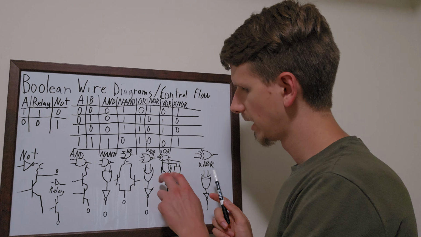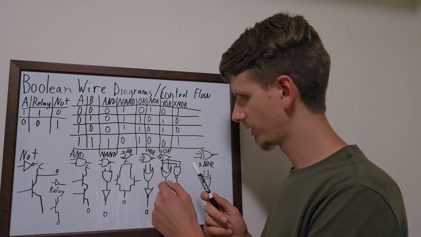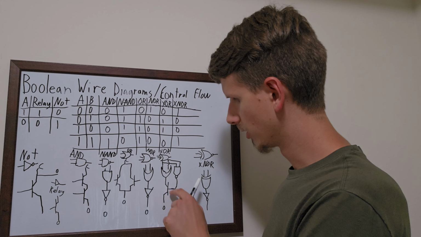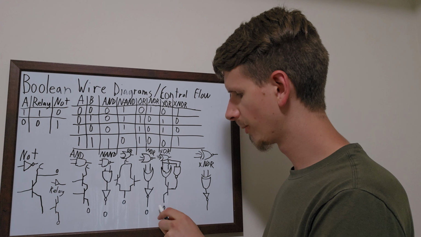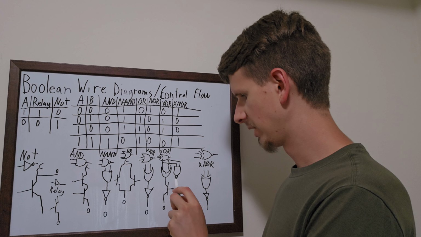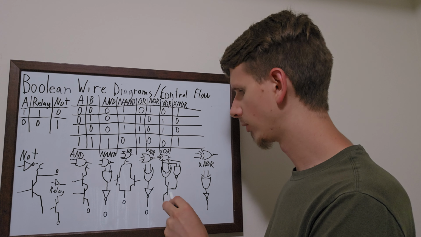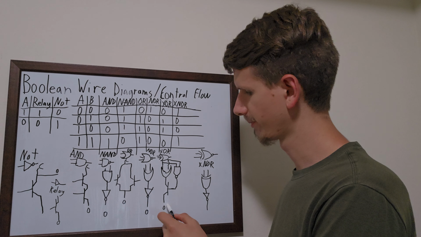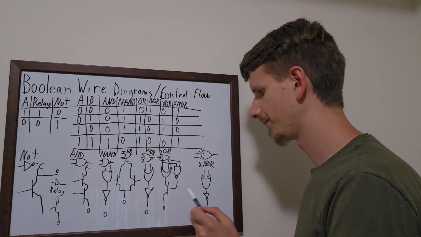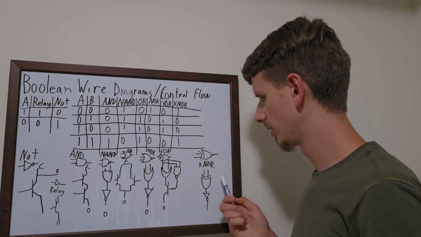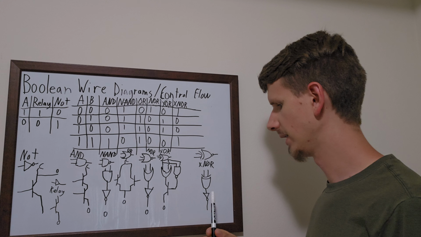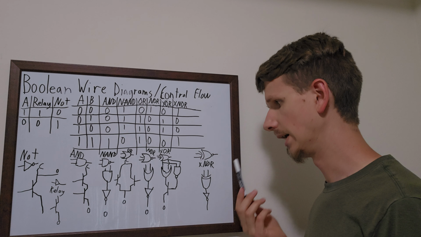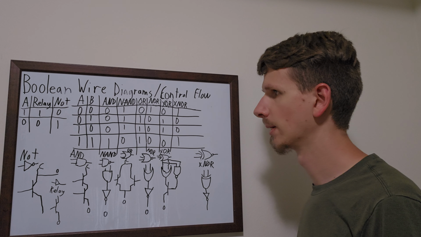So basically, if the OR is true, it'll send a signal from the inputs through to here. And then for that charge to go all the way to the output, this transistor has to be on, which means AND must be false. And that's how we do the XOR. And then for XNOR, again, we just have the XOR and we add a NOT to it, and thus we have XNOR.